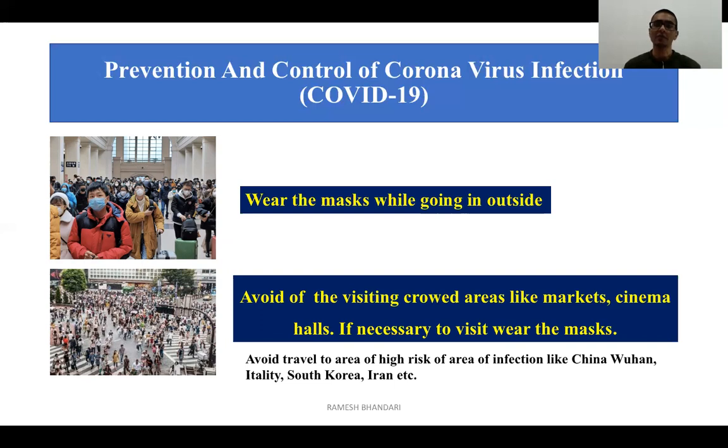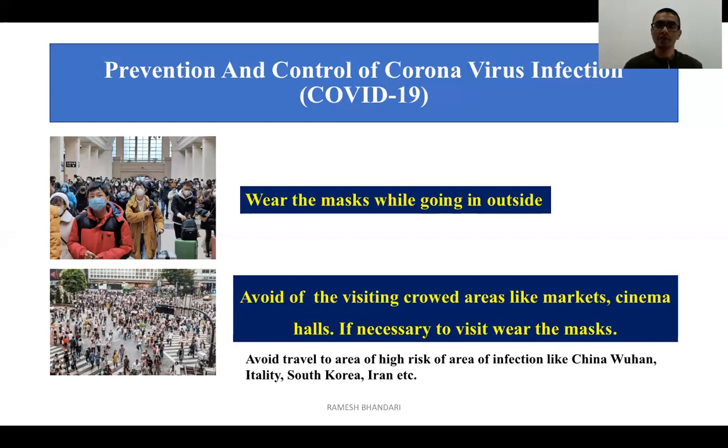Similarly, the people should avoid traveling to those areas where the cases of COVID-19 virus are very high. The people should not visit or travel to areas where COVID-19 virus infections are very high, like Wuhan in China, Iran, Italy, and South Korea.